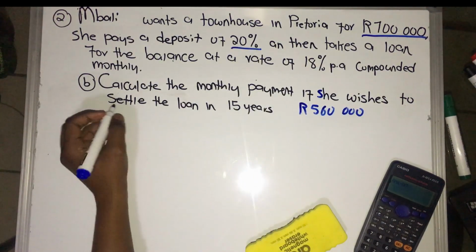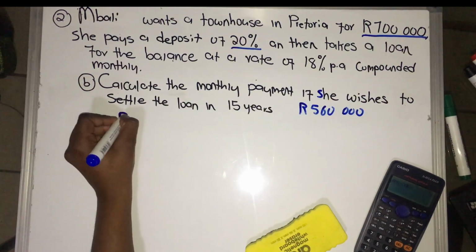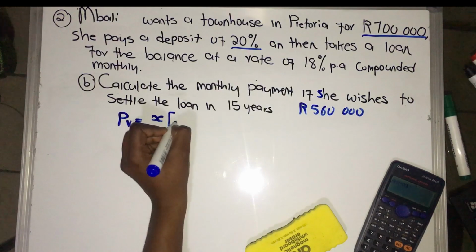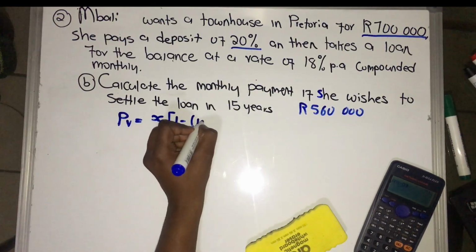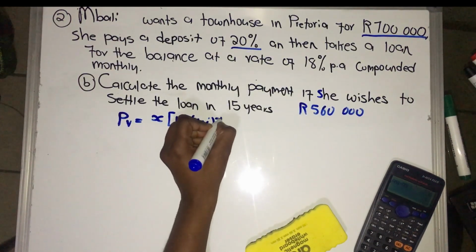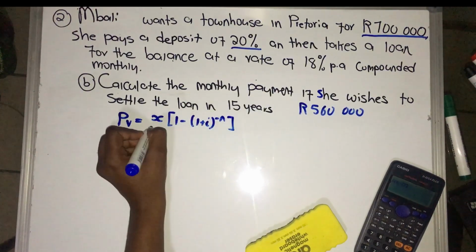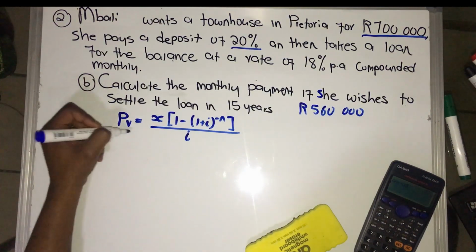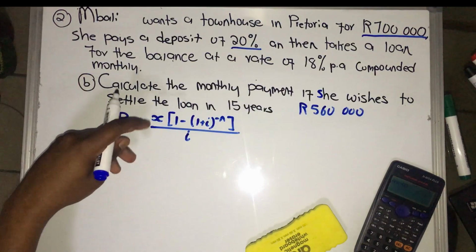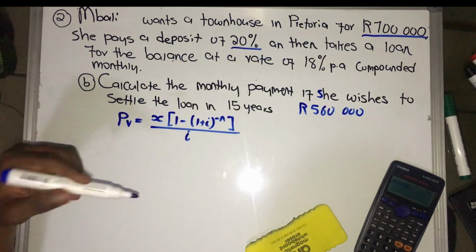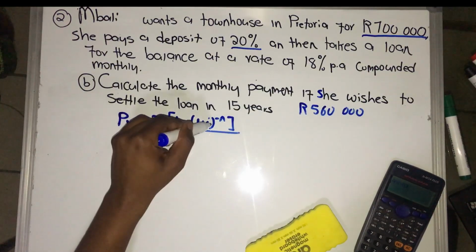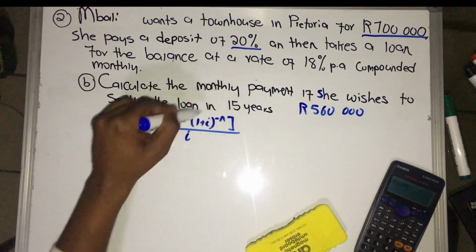All right, so from our basics, we know that our present value is calculated as follows. We have the present value equals x times 1 minus (1 plus i) to the power minus n, all over i. So this is the present value. That's the amount of loan or financing that she's borrowing, and then that's the monthly installment, that's the interest, and then that's the duration.